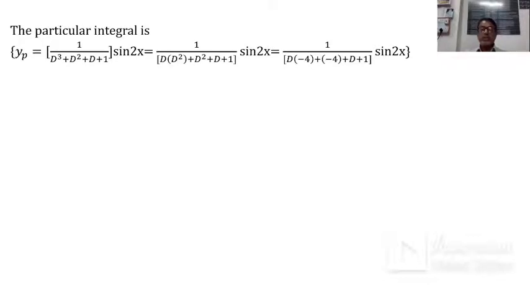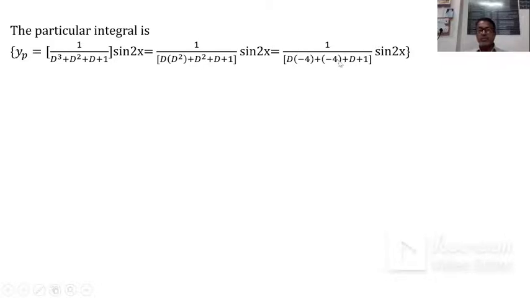First, we consider yp is equal to 1 upon f of D operate on Q of x, is equal to 1 upon D cube plus D square plus D plus 1. Here we rearrange this term properly. We substitute D square by minus a square, that is minus 4. Don't take derivative of minus 4. We have to write this term first, and then D cube means D square into D, and D square is minus 4, means minus 4D.